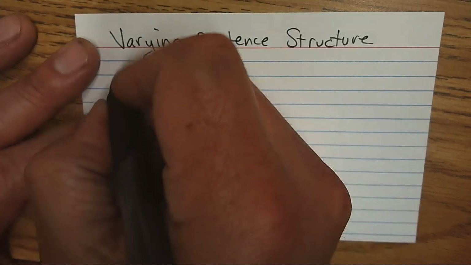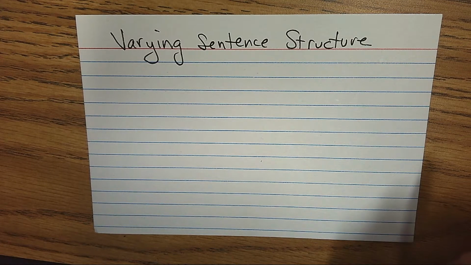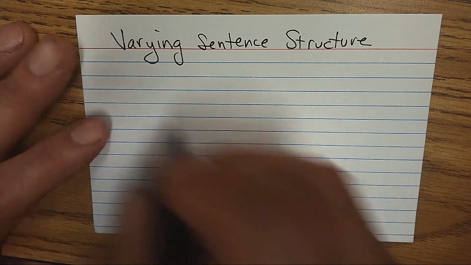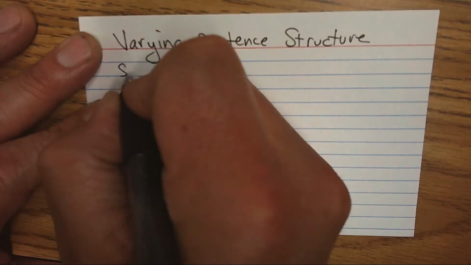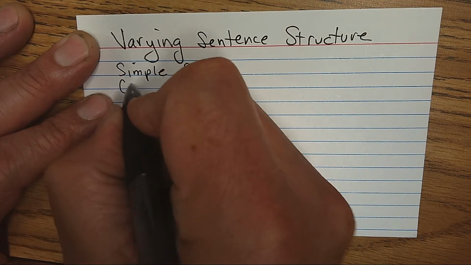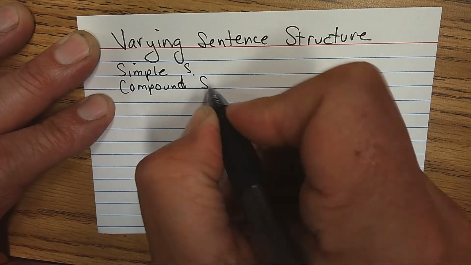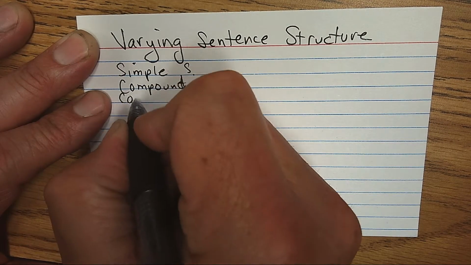Okay, so let's see what some various patterns of sentence structures are. You have a simple sentence. You have compound sentences. You have complex sentences.